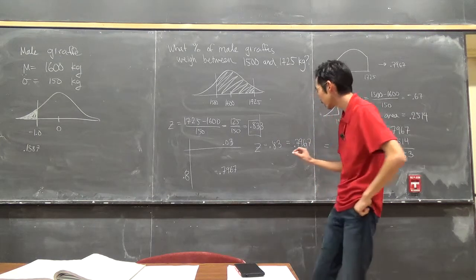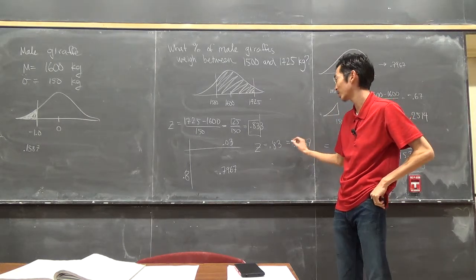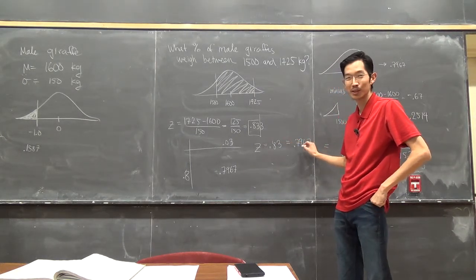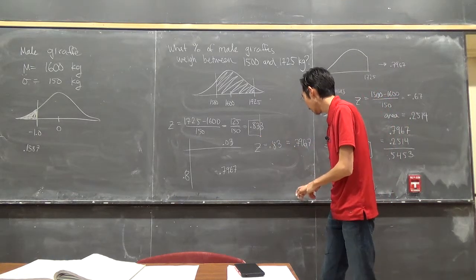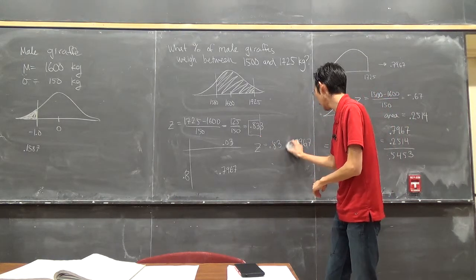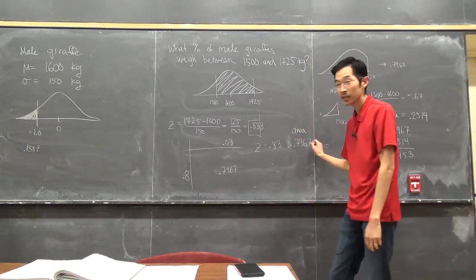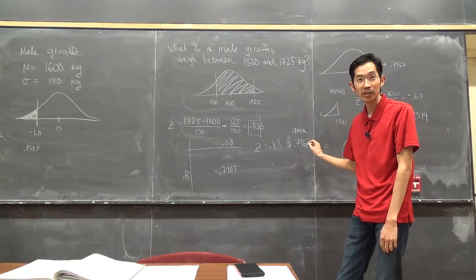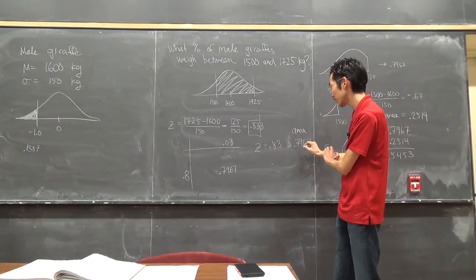That is not the case. There's no set of math where 0.83 is equal to this number. It is that z is equal to 0.83, and that corresponds to an area of 0.7967.